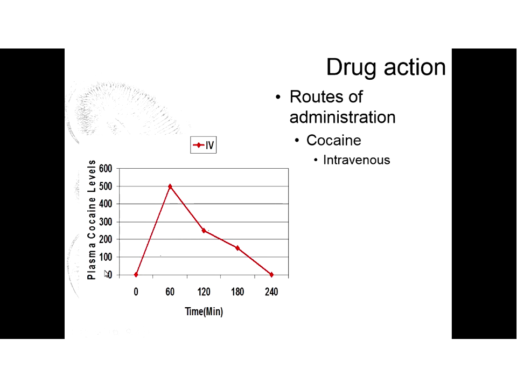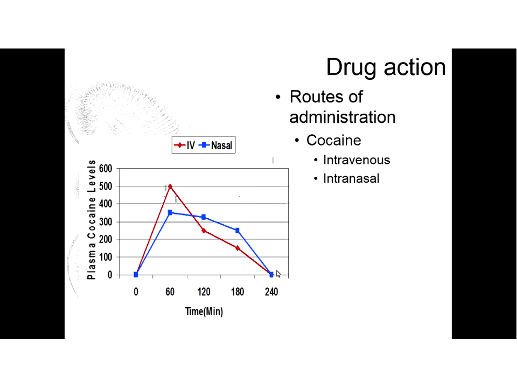And what we can do in this graph is look at plasma level concentrations of, let's say, cocaine. So if you were to inject cocaine directly into the veins or intravenously, we'd see by 60 minutes we'd have a high concentration from what we see at zero prior to the injection of cocaine within the central nervous system, and it very quickly kind of tapers off. But what about if we use those other routes of administration where there are more barriers where it has to diffuse through?